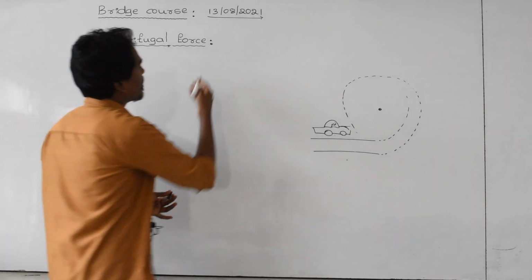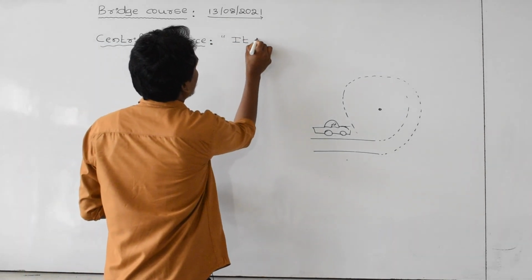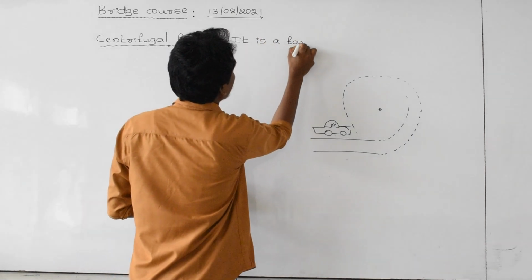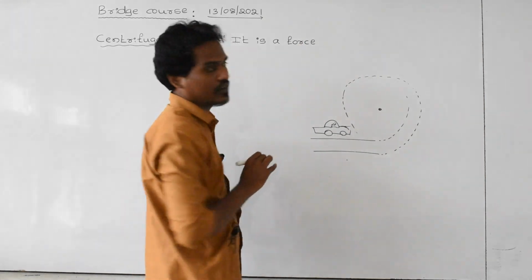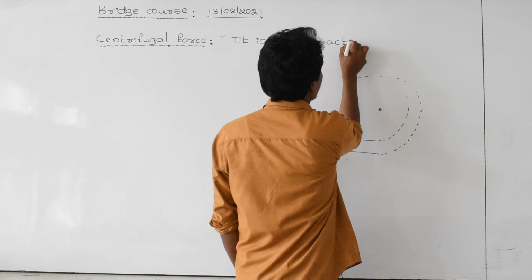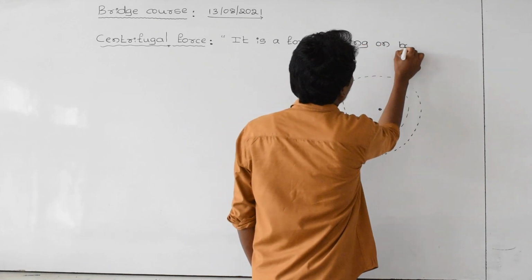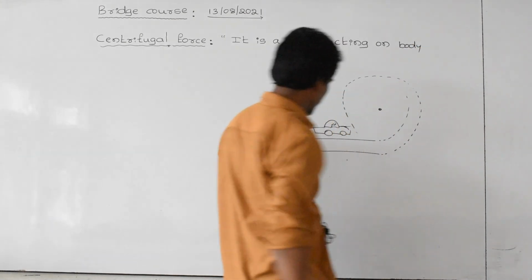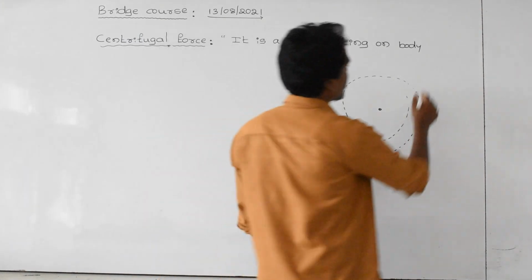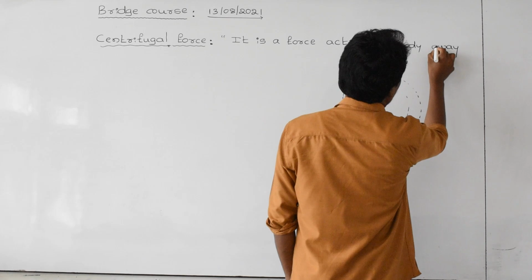What is the definition of centrifugal force? It is actually an imaginary force. It is a force acting on a body radially in the outward direction, that is, on a person, the passengers sitting inside the car, away from the center radially.